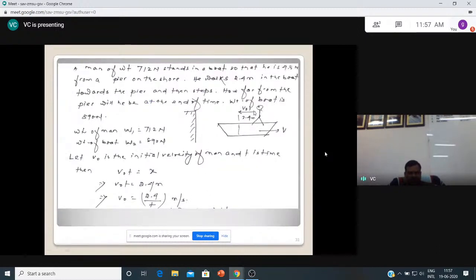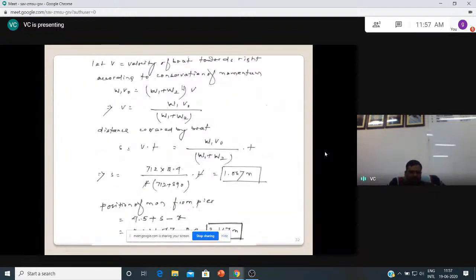The initial velocity of the man is some V0, but the boat is at rest. Due to the movement of the man, it will gain some velocity. Together they are moving, the boat is moving and the man is also moving. Initially the boat is at rest, that's why that velocity is 0.